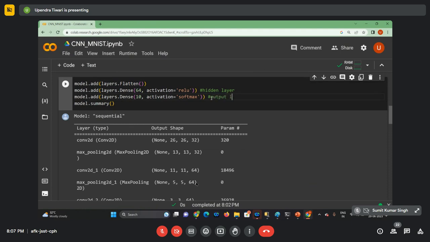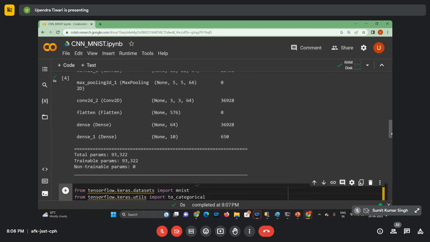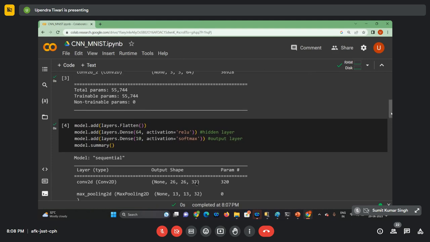Since we are going to work on the MNIST data, which is a 10 class classification because the handwritten digits are 0 to 9, in the output layer we have taken the number of neurons as 10. The activation function is softmax. Okay, if you run now, this is where we have specified our CNN architecture.